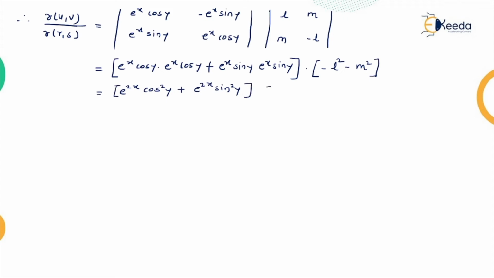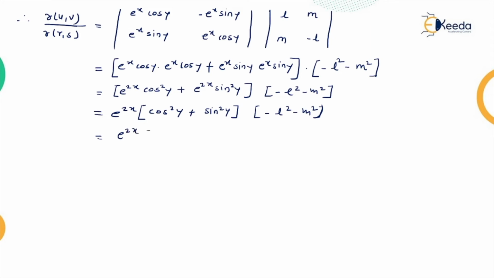So e to the power 2x is common, and inside the bracket, cos square y plus sin square y into minus l square minus m square. You know the trigonometric identity, this is e to the power 2x into 1, and here minus l square minus m square.